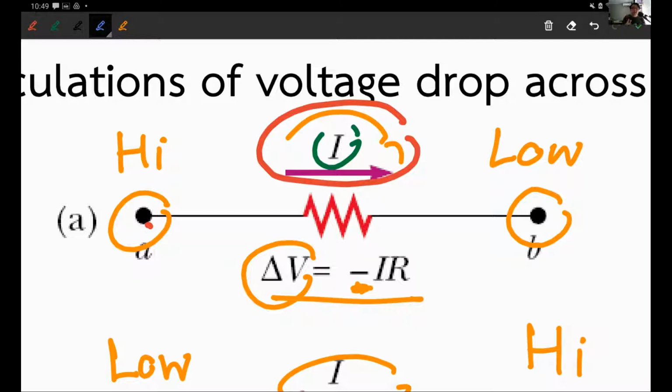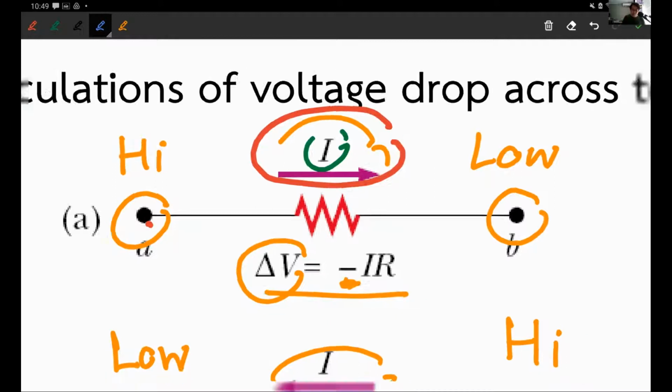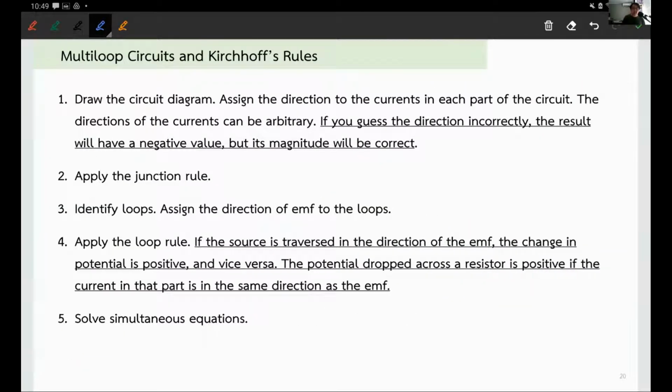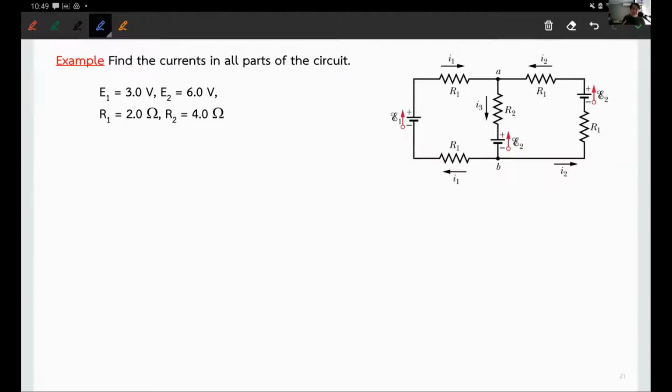Currents always flow from high to low potential. All right, here we go. So this one is, once again, a summary of the whole process. You can always refer back to this slide if you want to summarize the process. However, we're going to attack the problems right away.